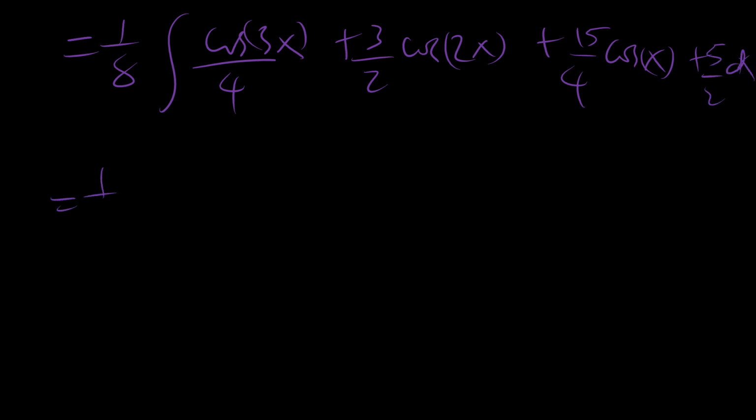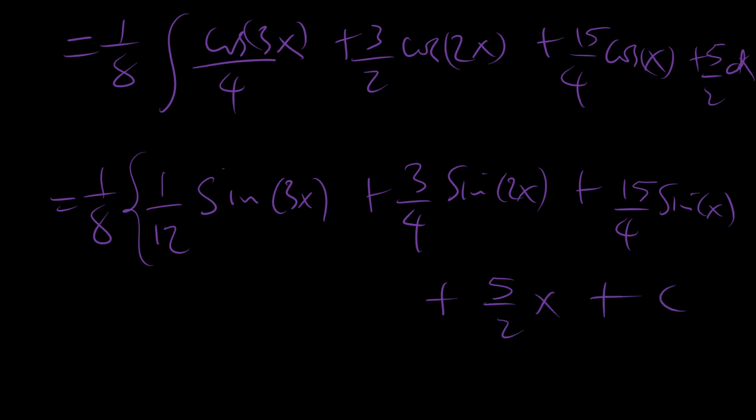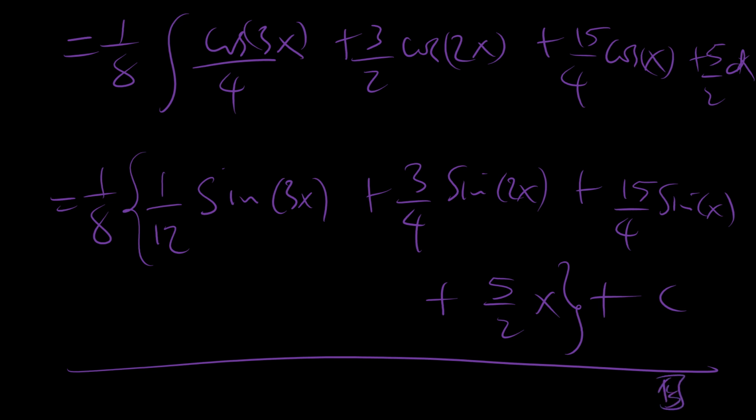So we can finally get this as a quarter, and so this is 1 over 12 sine 3x, this is 3 over 4 sine 2x, plus 15 over 4 sine x plus 5 over 2 x, and plus the integration constant. So that, ladies and gentlemen, is our answer.